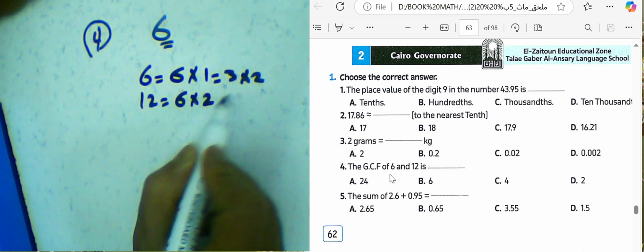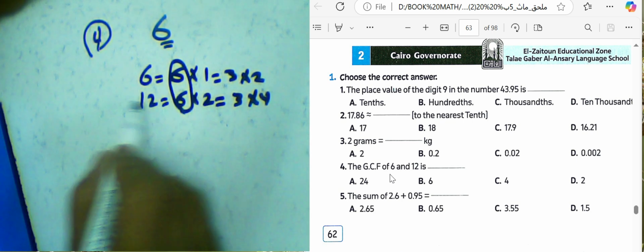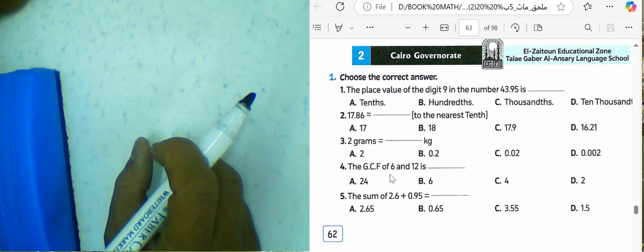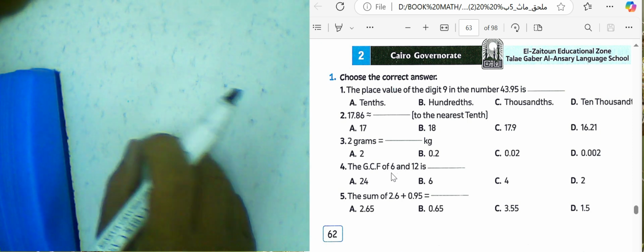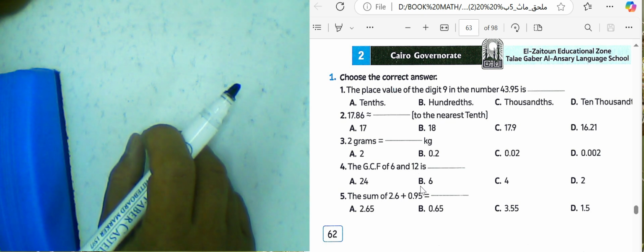So 6 is the highest common factor between two numbers. So 6 is the greatest common factor between them, and we can write 6 here. Choose letter B. So the result will be letter B.